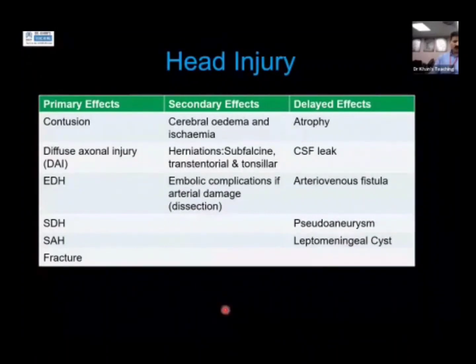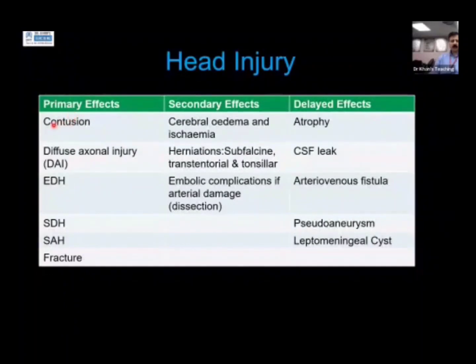Now, this is the key concept of head injury. And you have to really concentrate on this slide. Primary effects, secondary effects, and delayed effects. So the primary effects are at the time of the impact.